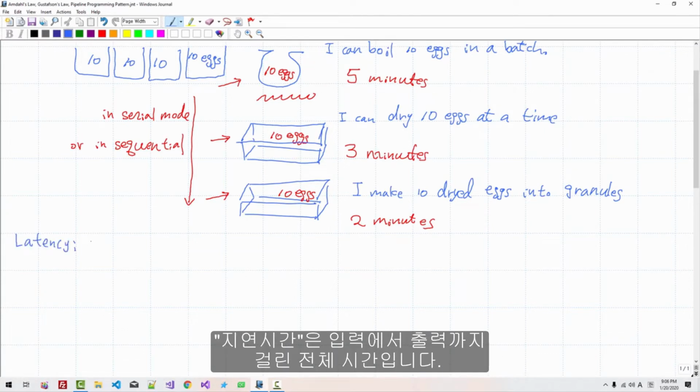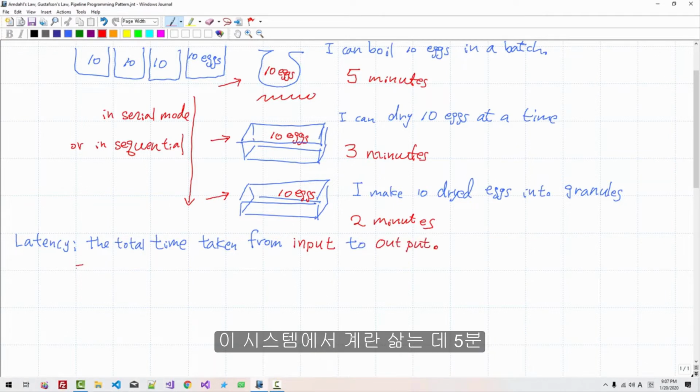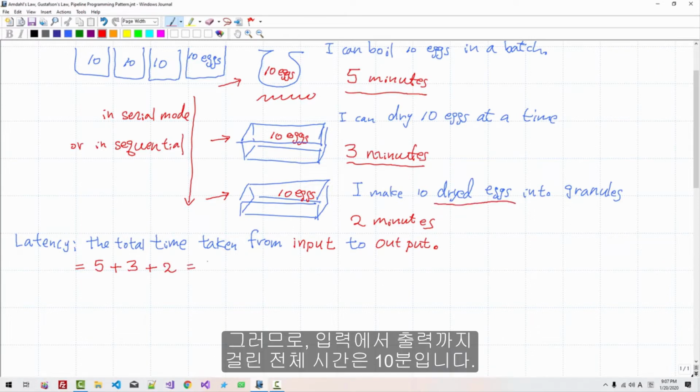Latency is defined to be the total time taken from input to output. So in this system, 5 minutes to boil eggs plus 3 minutes to dry boiled eggs plus 2 minutes to granularize 10 dried eggs. So the total time taken from input to output is 10 minutes.